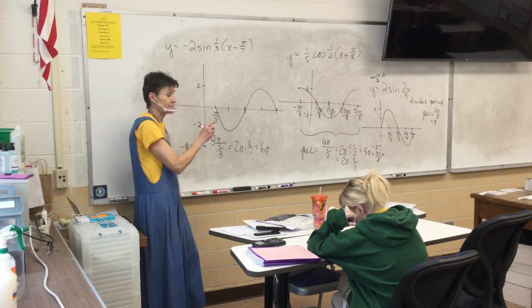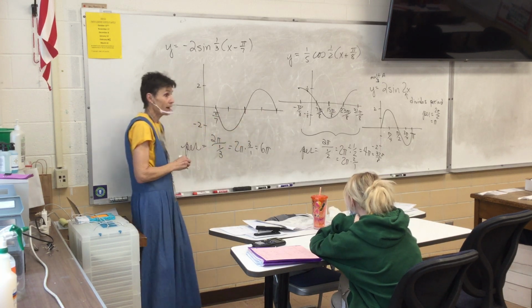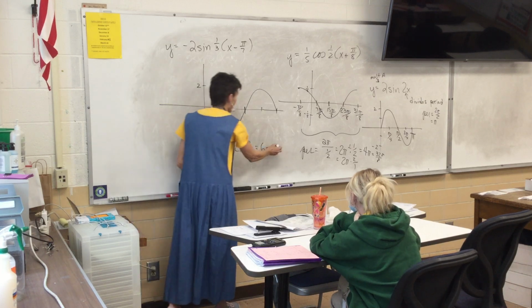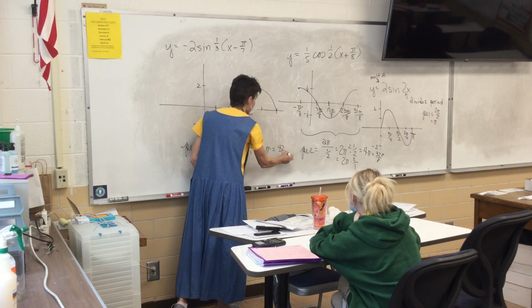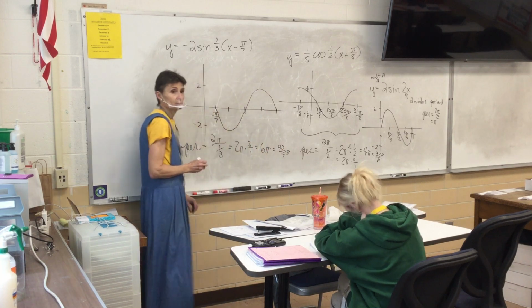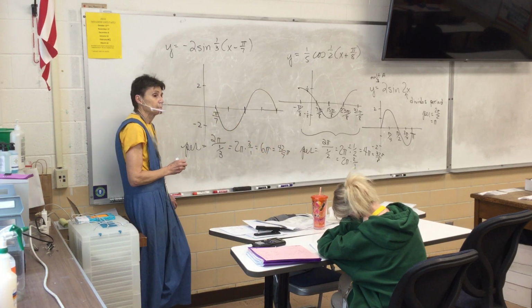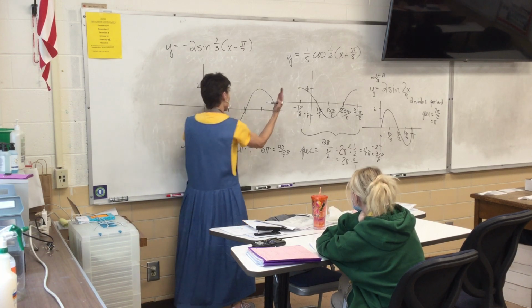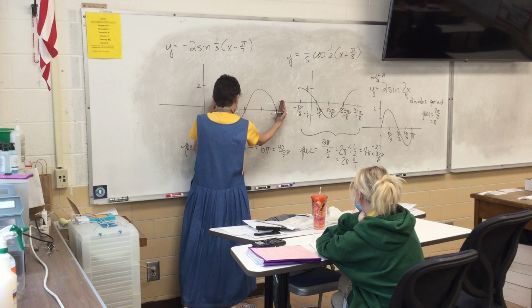So if there was a blank that said, what's the period, you'll say 6 pi. Which in this problem, I might want to think of as 42/7. And the distance from left hand to right hand is that.